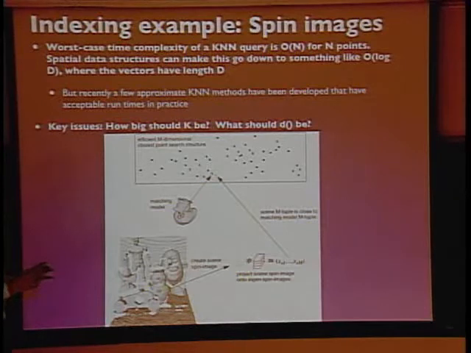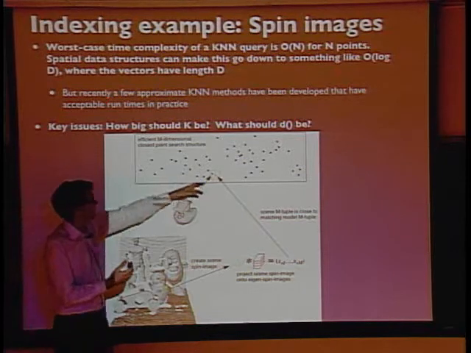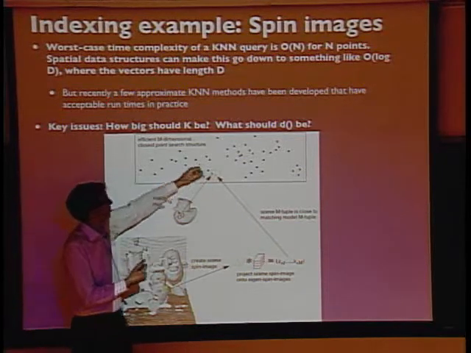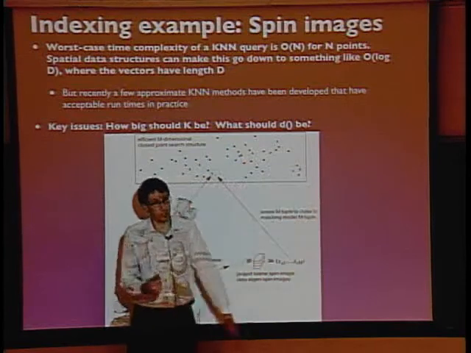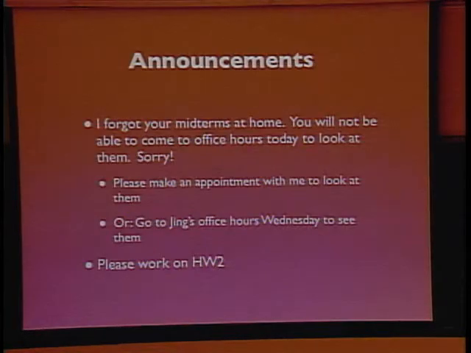And so you might want to change the distance function, which is to say, change how you evaluate distances between scene signatures and model ones. So this is the question of what should D be? What should the distance metric between your scene signatures and your model signatures be? I don't have any pat answers for what it should be, but it could depend on your application domain of interest. In other words, your own semantic notions of what it should mean for two signatures to be similar to each other. So those are the key issues there.